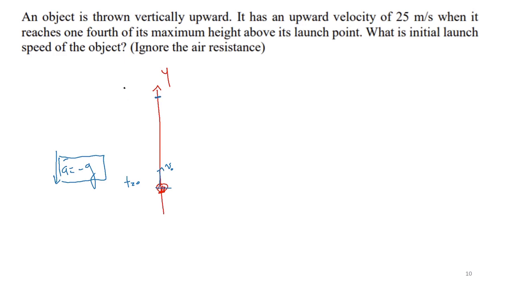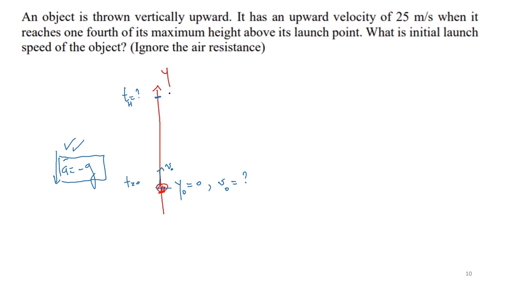I will reach the maximum height at a certain time. Let me call it TH, capital H, meaning maximum height. If my launch point is my 0 of position, my initial velocity is unknown. Again, always time, position, velocity; acceleration is always constant here because it's a free fall.